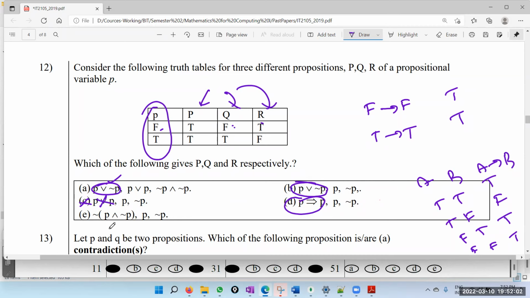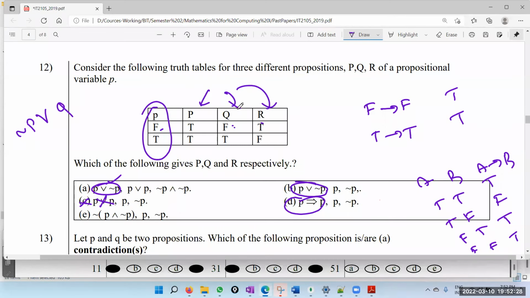This is if I apply the De Morgan law. This is not of not P or Q. Oh, this is also P, right?